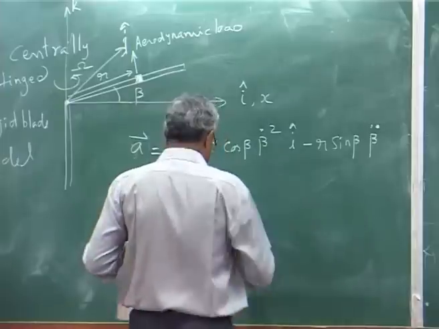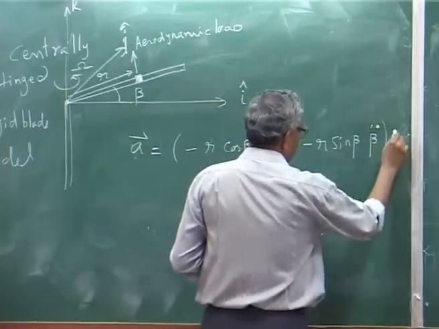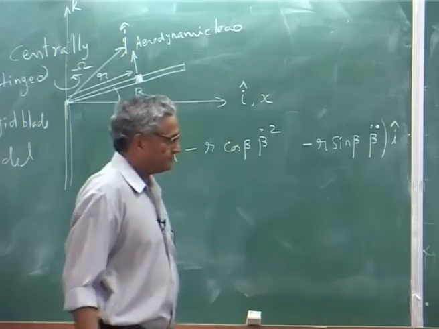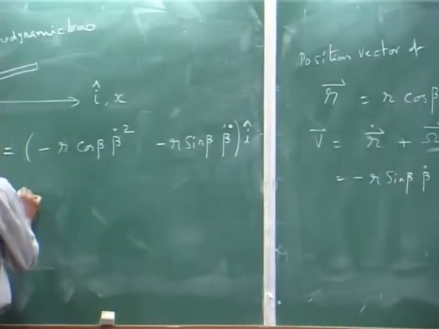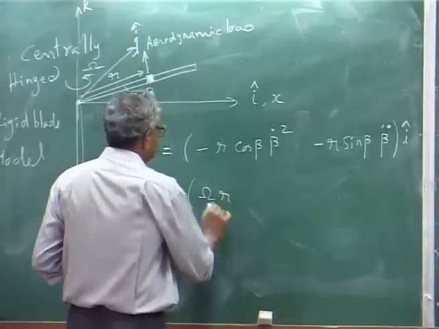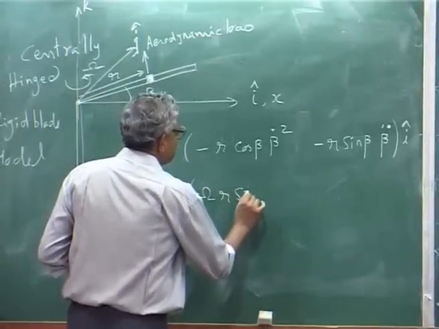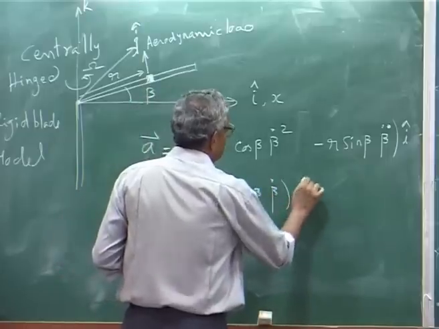Then the j term: minus omega r sine beta dot j.